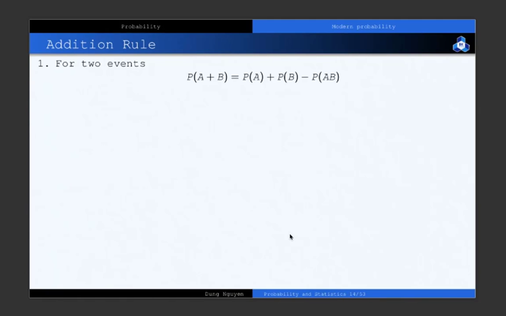Next, I want to talk about the addition rule. This equation looks quite similar to the one that we got from the axiom. However, we have one extra term. And the point is that we don't need the assumption that the two events are disjoint.